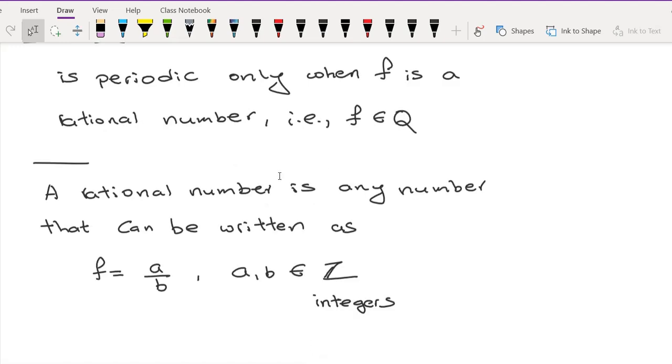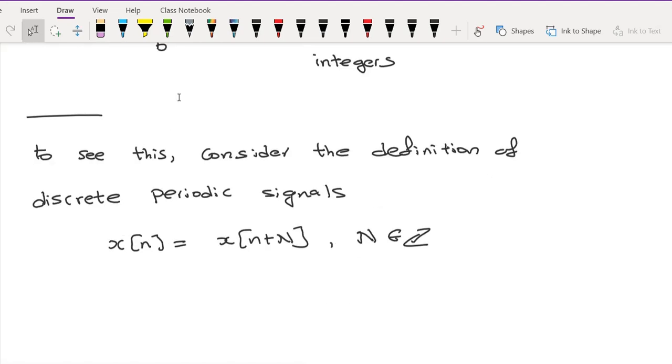A rational number is any number that can be written as a ratio of two integers, and they're denoted by the letter Q. To see this, consider the definition of a periodic signal, which is x of n should be equal to x of n plus capital N, where capital N is an integer, and this should be true for all small n.